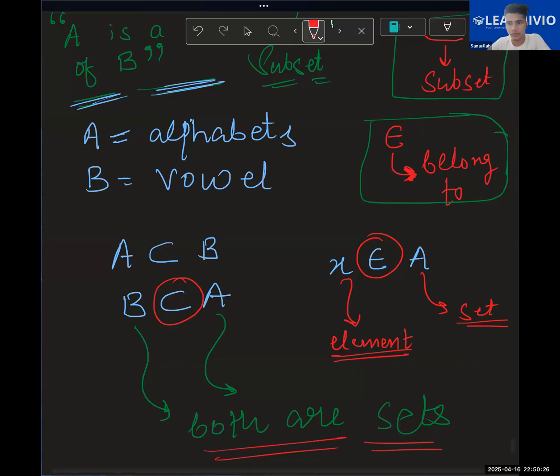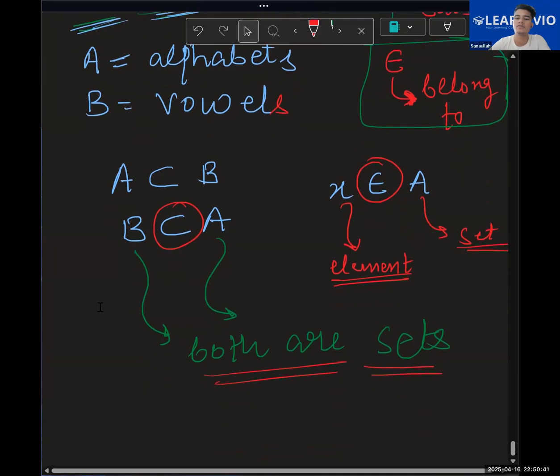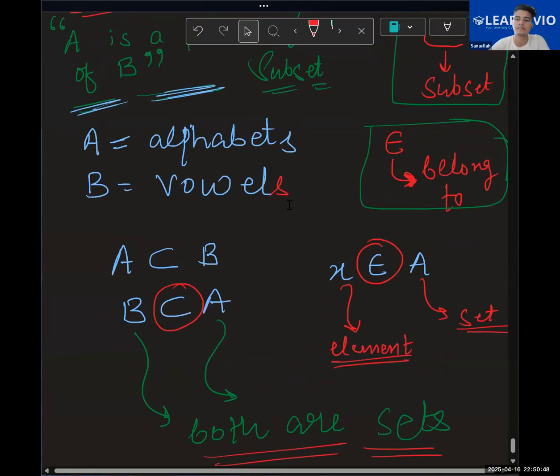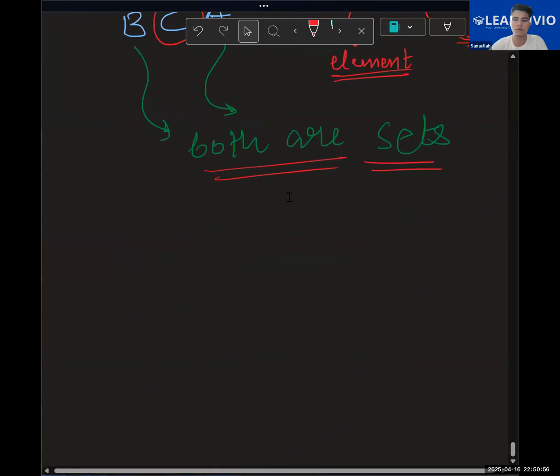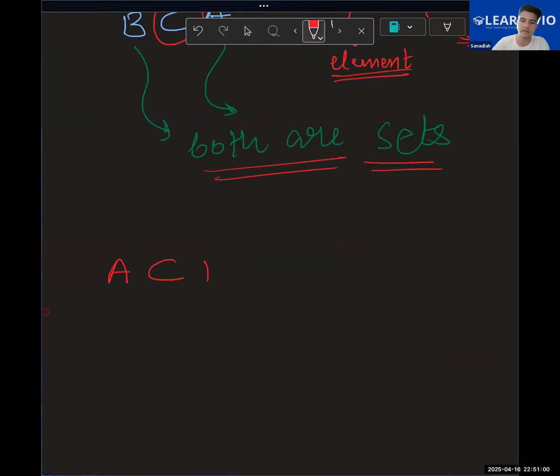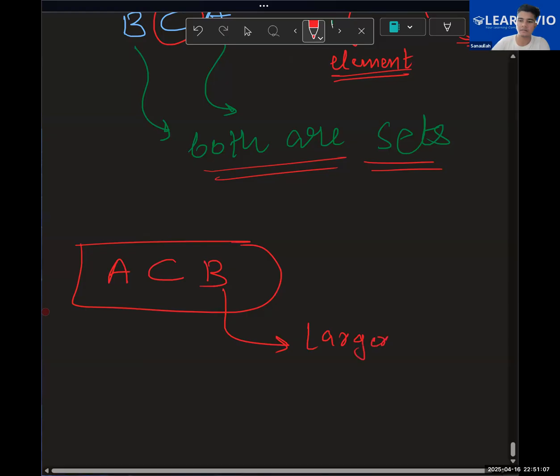So my question was, A is a set that are alphabets, and B is the set that are vowels. मैं आपसे पूछ रहा था कौन सा इसमें से सही होगा, A is a subset of B or B is a subset of A. Always remember one thing, if I say A is a subset of B, then this is a larger set and this is a smaller set, by size, the number of elements.